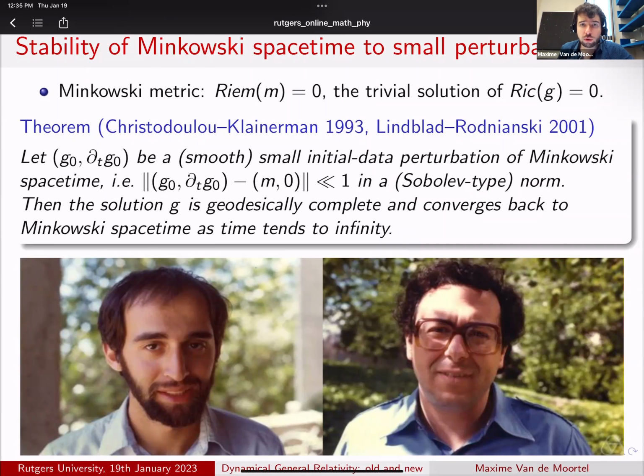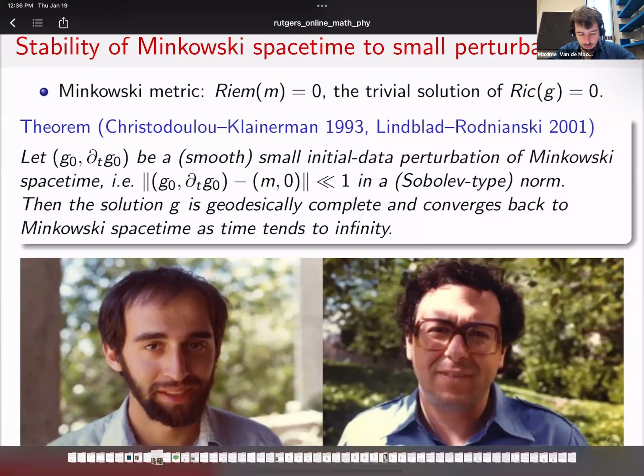This is a very important result, and not such an obvious one, because you could have thought that, for example, you could create a black hole with a very small perturbation of Minkowski, because after all, black holes can have arbitrarily small mass. So even at the time, it really clarified things, even I think in the physics literature. It's a very, very important result on which a lot of nonlinear techniques are now based.